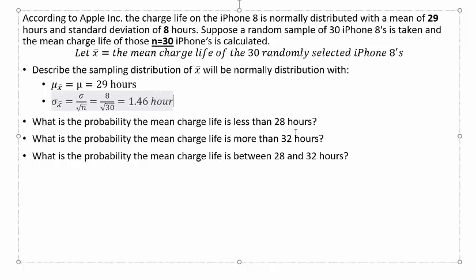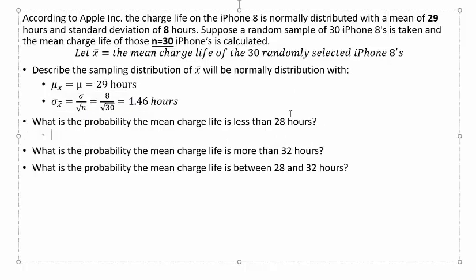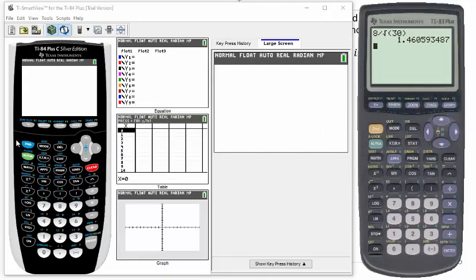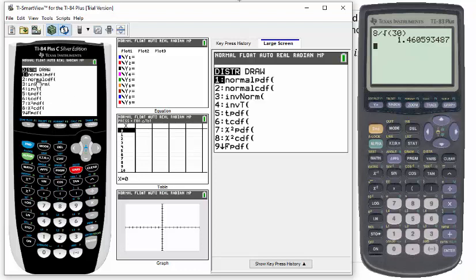Now we're just going to do some probability questions, and I'm going to show you how to use your graphing calculator for this. What is the probability that the mean charge life is less than 28 hours? You're going to go to second function, distribution, and choose normal CDF.